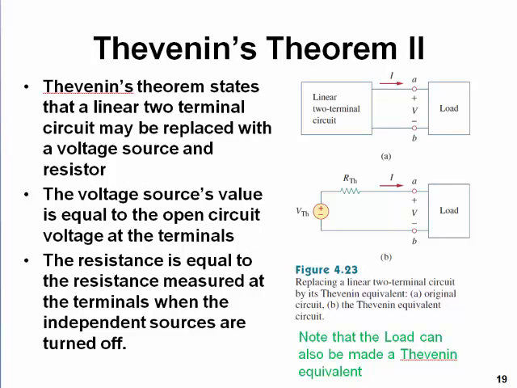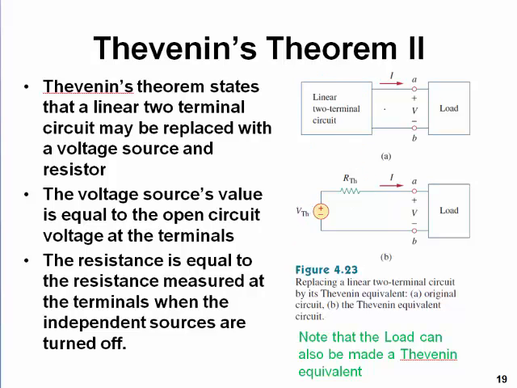Actually, you can use Thevenin two ways. Your book uses it to simplify and model the source, but you could equivalently make a Thevenin equivalent of the load. Thevenin's theorem states that any linear circuit with two terminals on it can be replaced by one equivalent voltage source and one equivalent resistance.